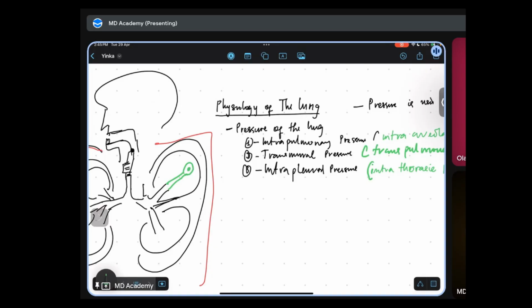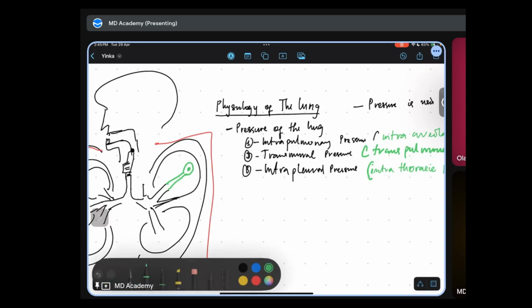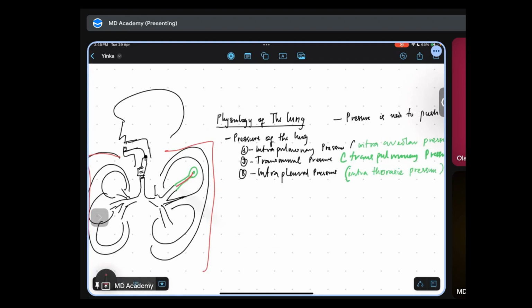That pressure matters because this area is directly connected to the atmosphere. If you look at it, the alveoli would be just 1 or 2 units from the atmosphere.